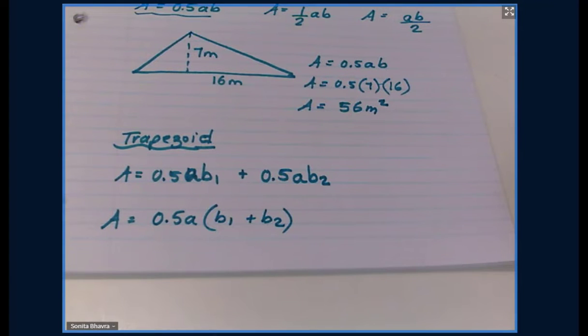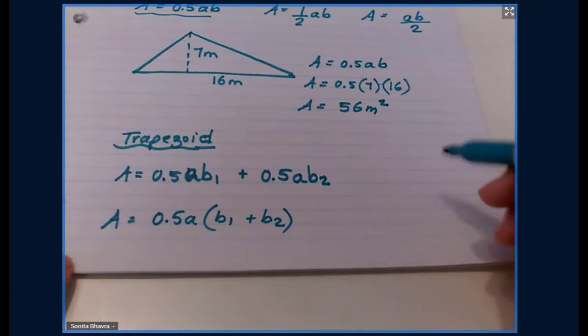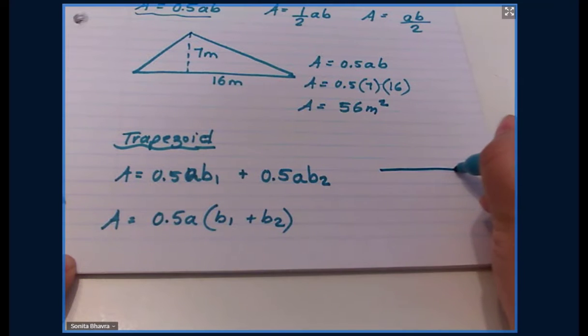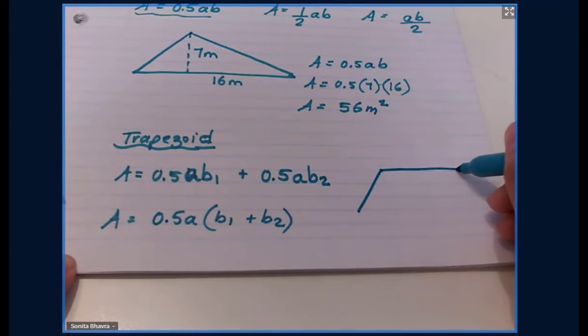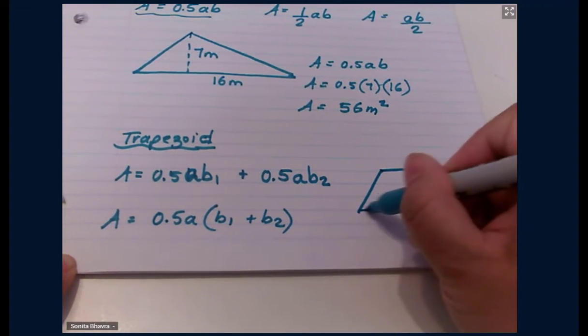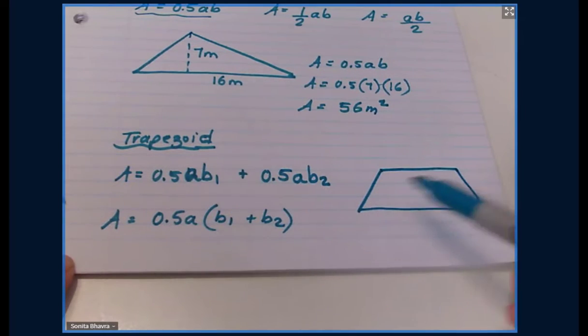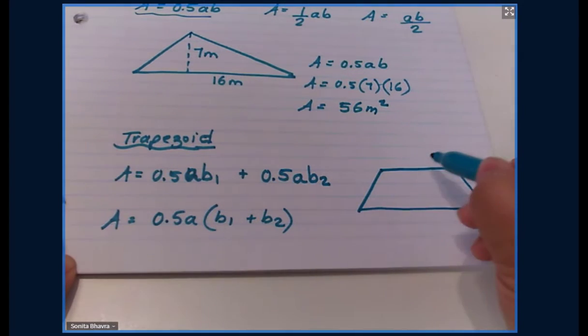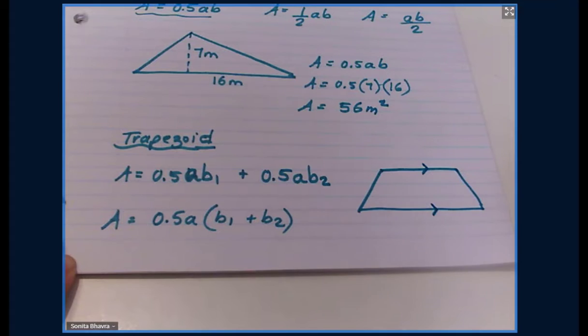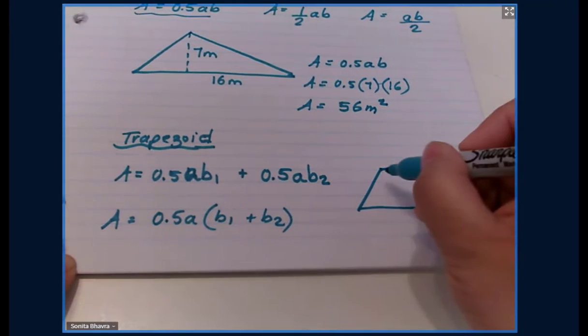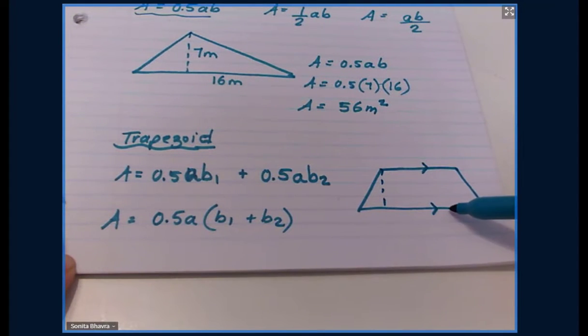All right, and recall that a trapezoid looks something like this, usually something like this. It is a four-sided figure, and these two sides are parallel, meaning they're equidistant from each other. All right, so you would call one of them base 1, the other one would be base 2.